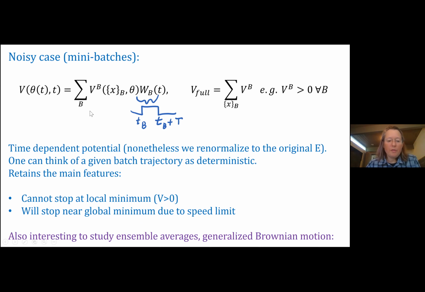So the physicists would say, okay, given this, now energy conservation is going to break, and that would be true of a physical model. But here we just use our power as engineers in this context to nonetheless impose energy conservation based on the original energy. So we just get the same results. Because of that, it can't stop at a high local minimum, and it will slow dramatically near the global minimum.